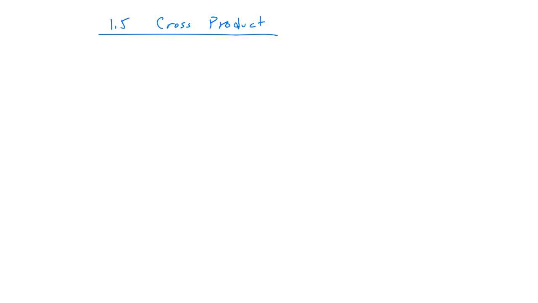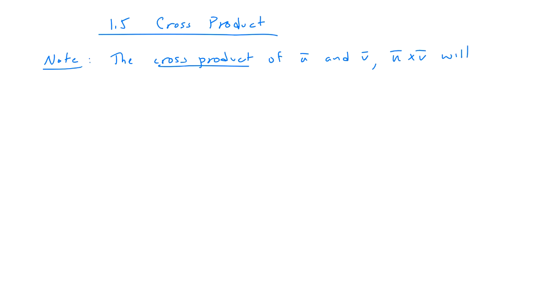So 1.5, we're doing the cross product. First, what it gives us, and then we'll actually say how to get it, so kind of go backwards.